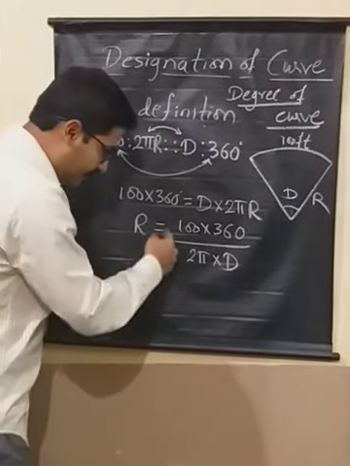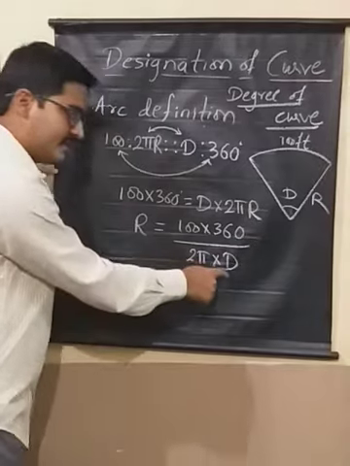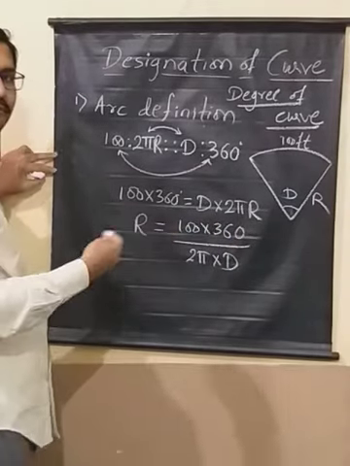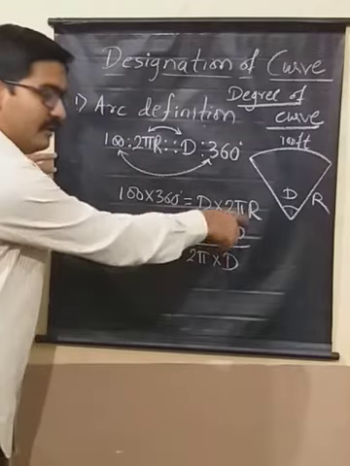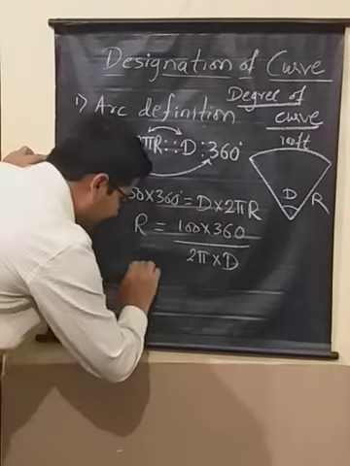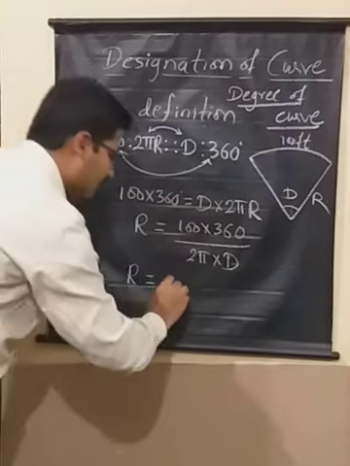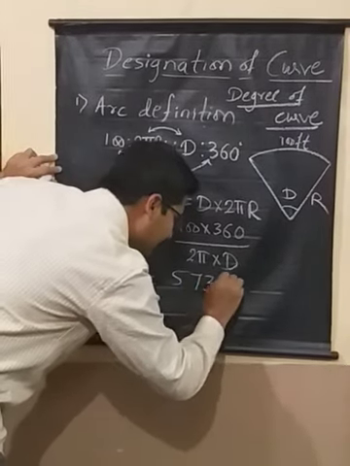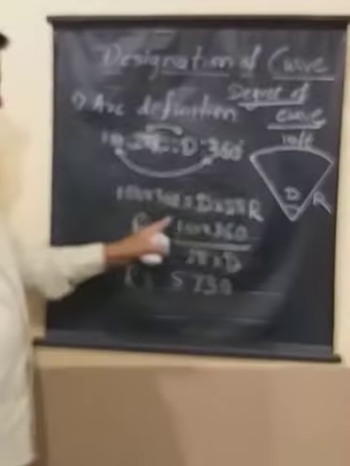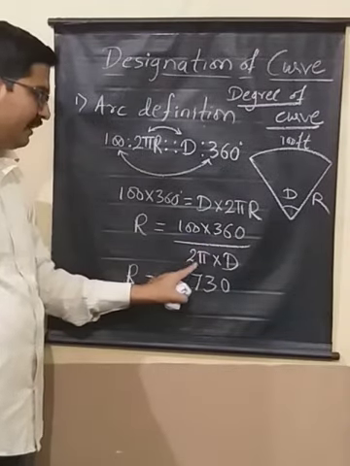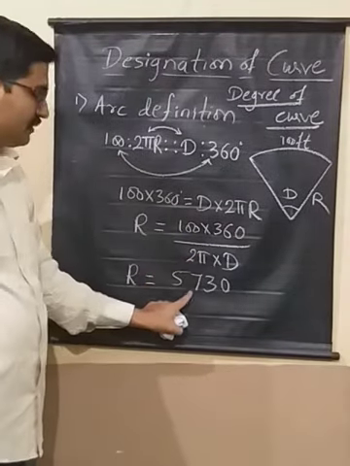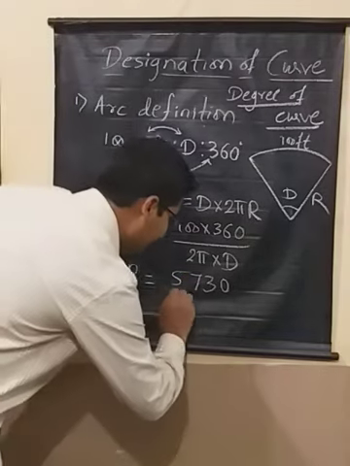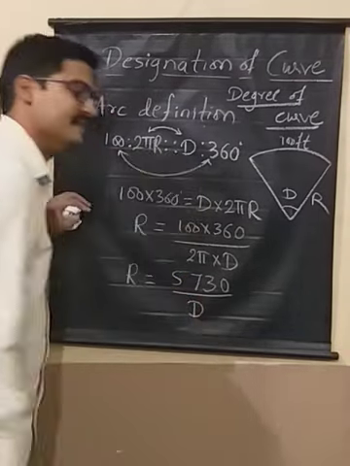Except D, all the other terms are well-known numbers. So if I calculate this whole thing, I will get approximately 5730. 100 into 360 divided by 2 pi is approximately equal to 5730, and in the denominator you have D as it is.